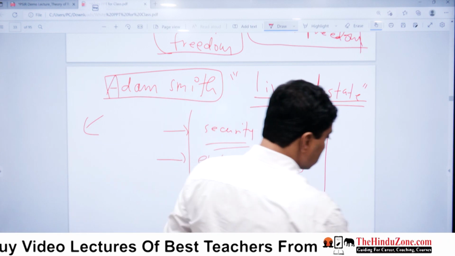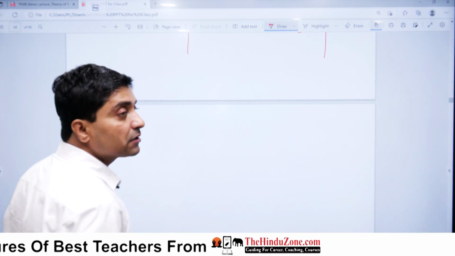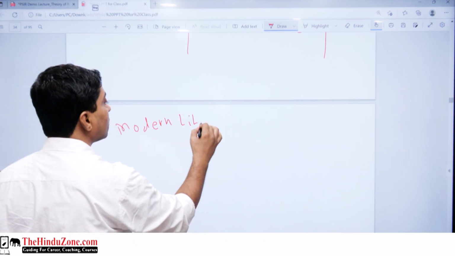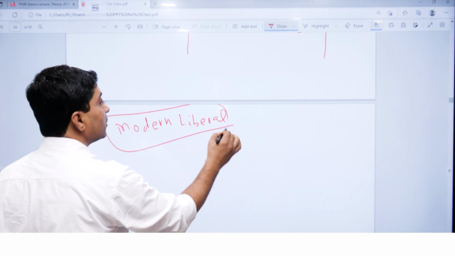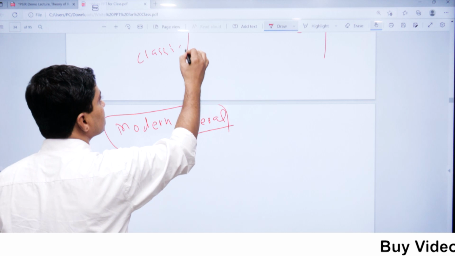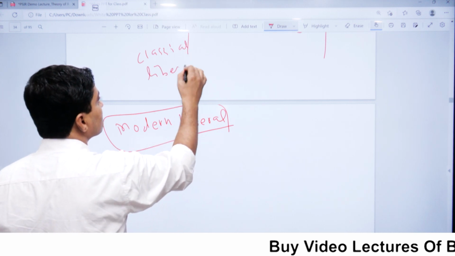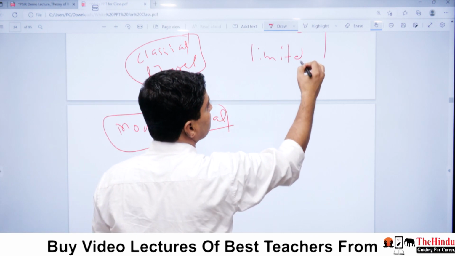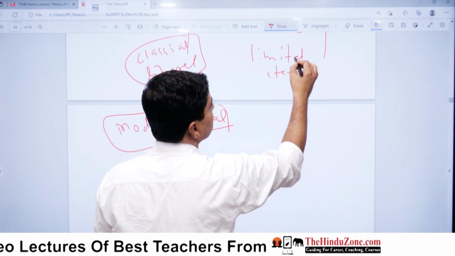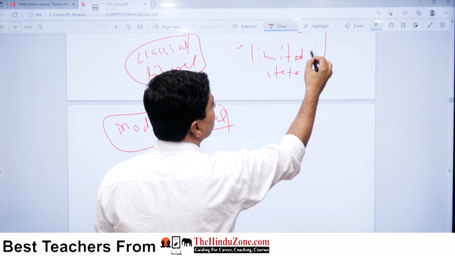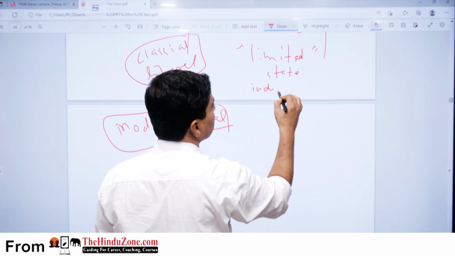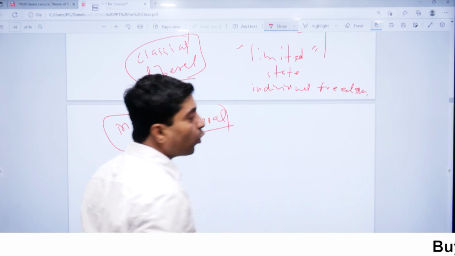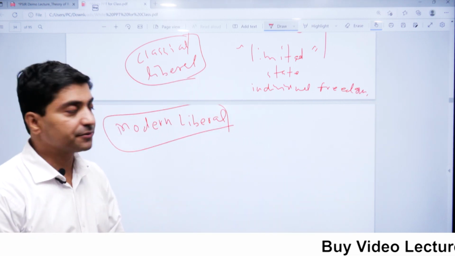Now, this is the liberal concept theory, and this was the classical liberal. The classical liberal talks about limited state, individual freedom, freedom to own anything and free market.